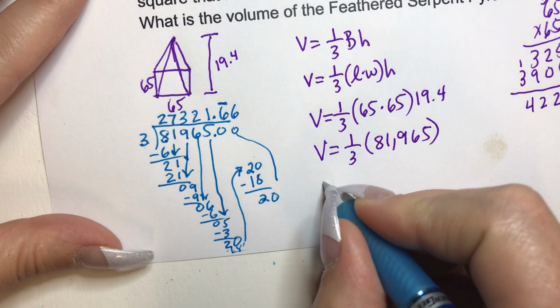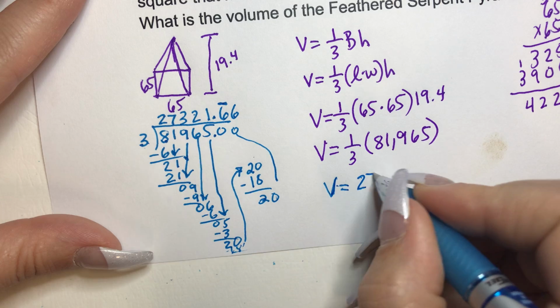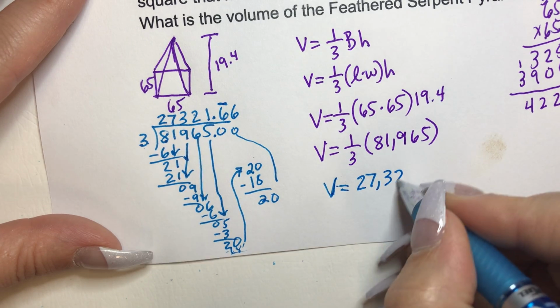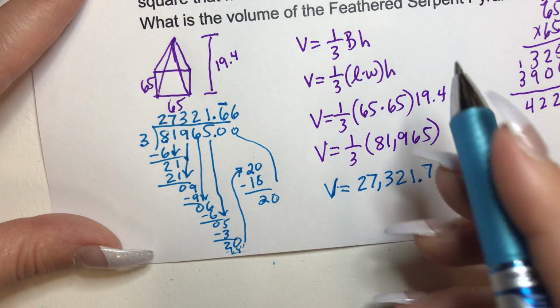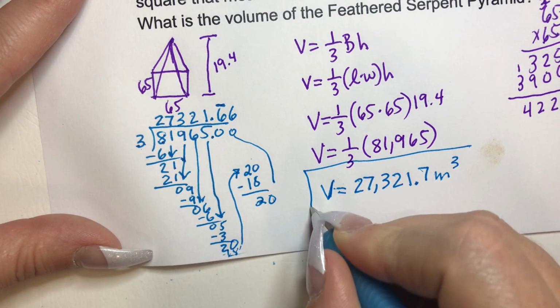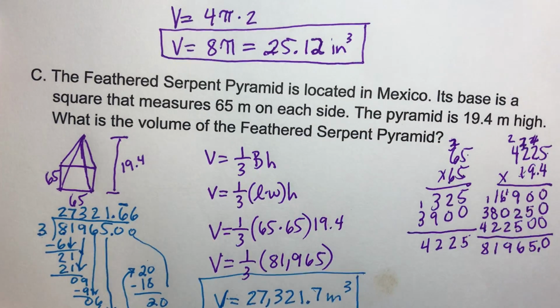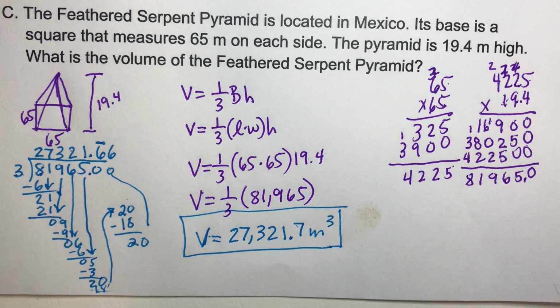So I'm going to say volume equals 27,321.7 meters cubed. So if you got that as your answer, wonderful job. Great job on that one, and I will see you for example 4 in a little bit.